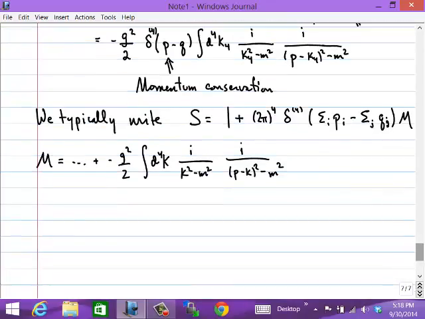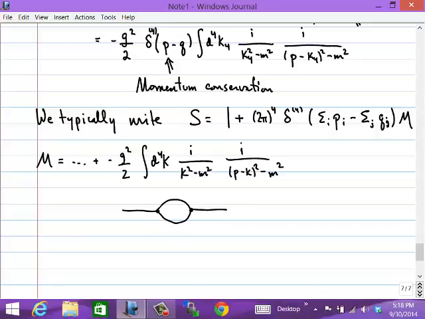And we can associate this expression with a similar sort of diagram that we wrote down in position space. And it'll be a diagram that looks like this. Okay. So again, we have an initial particle, and a final particle.